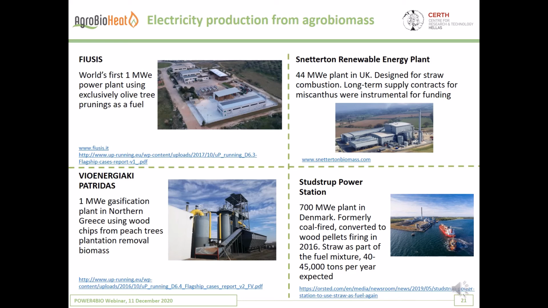And on the right side, on the top, you can see Snetterton renewable energy plant. This is based in the UK. It was built according, I would say, to the Danish model of straw utilization. But a critical aspect here was that the funding for this project was facilitated through the existence of long-term supply contracts based on miscanthus.